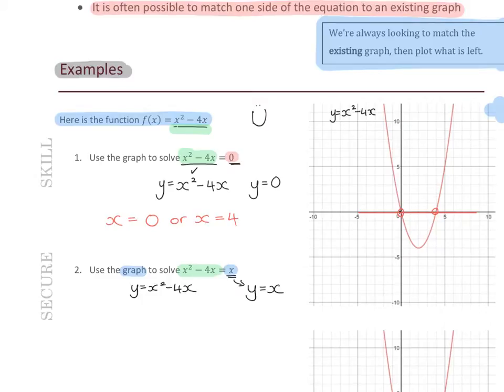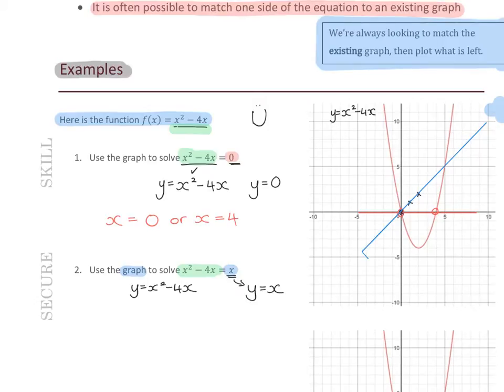Now y equals x is a diagonal line. It goes through 0, 0, 1, 1, 2, 2, and so on. So I can draw that line in here, and it should be a 45-degree angle. So this is my equation here, in blue for the blue question.